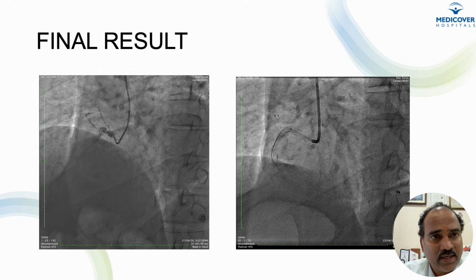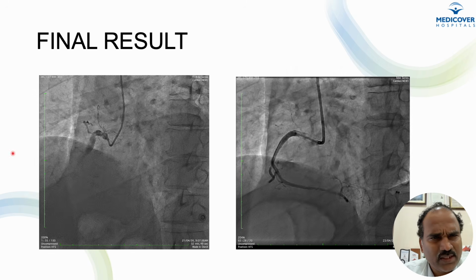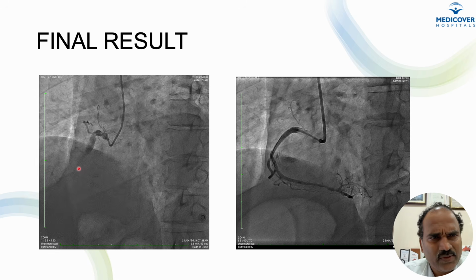And this is the final result. You can compare. This was the pseudoaneurysm, and now you can see the entire pseudoaneurysm is sealed, and RCA is completely patent and great, and it's filling nicely.